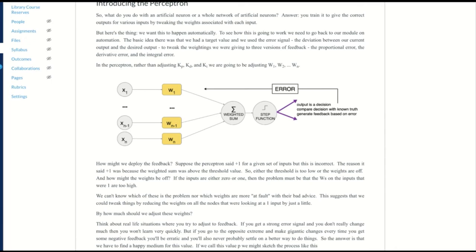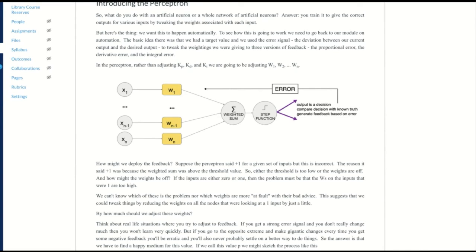And as we said way back in the beginning of that automation module, the word cybernetics is related to the Greek word which gave us the word governor. And so cybernetics is the study of control, but there's an old historical linguistic relationship between the idea of control and governance.